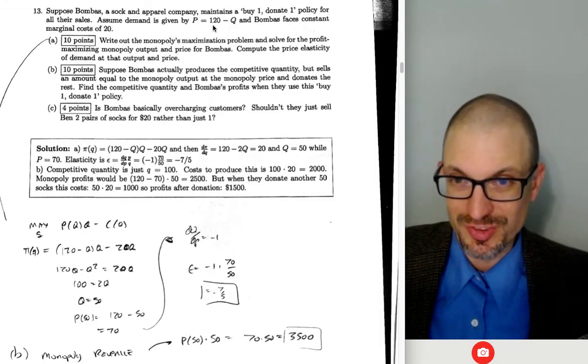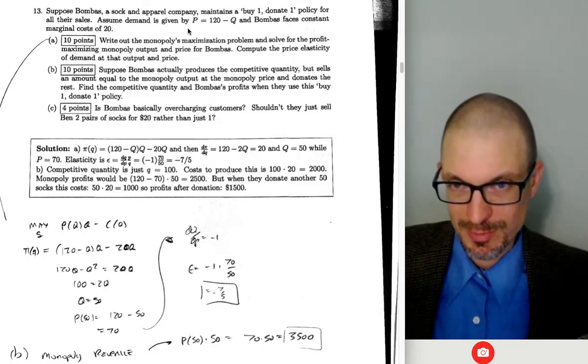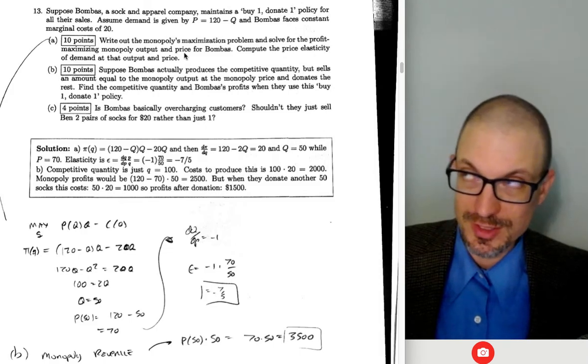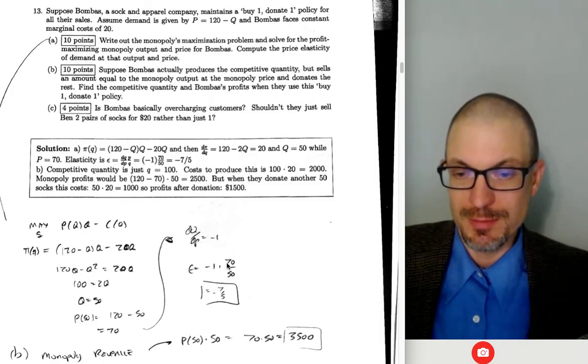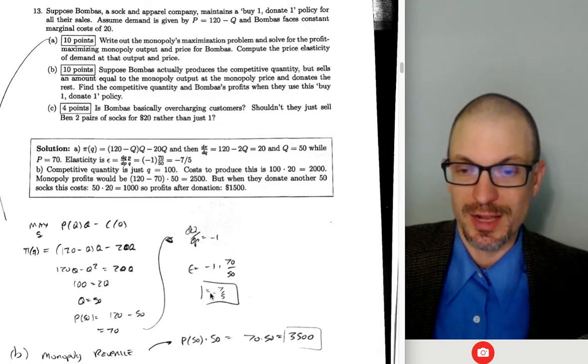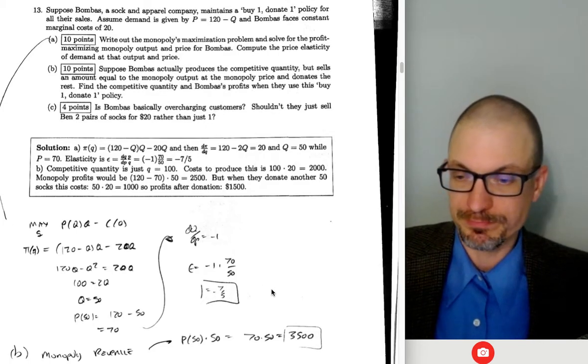Actually, this is inverse demand, sorry. So for elasticity, we want to get demand, so it's going to be Q equals 120 minus P, dQ/dP is going to be -1, times P over Q. Well, P was 70, Q is 50, right? And so our elasticity is going to be -7.5, which is elastic because it's greater than 1 in absolute value.